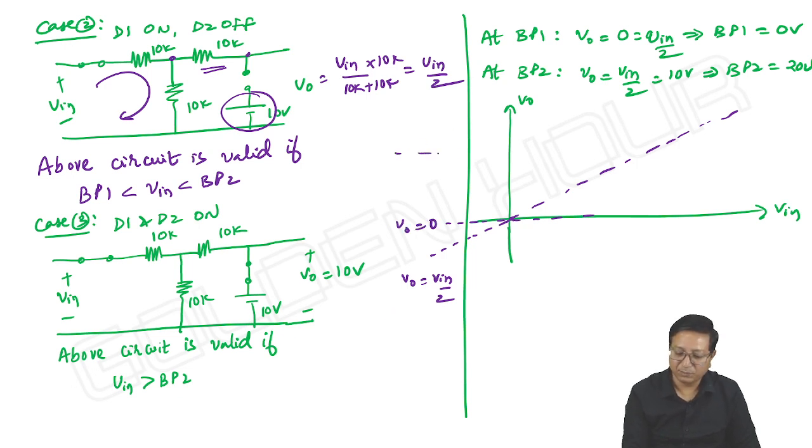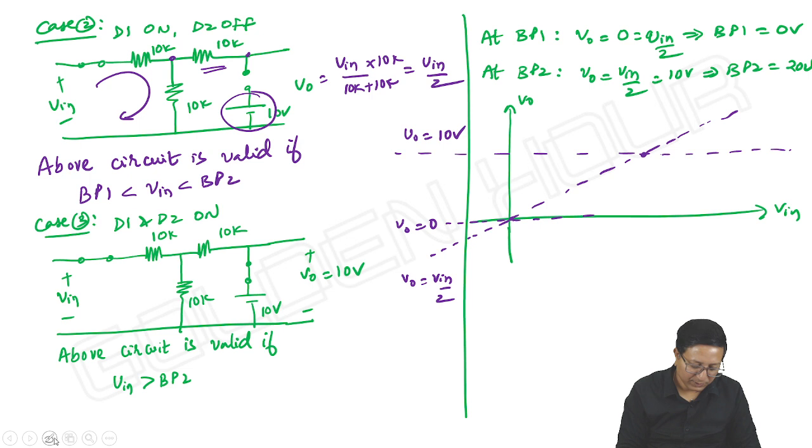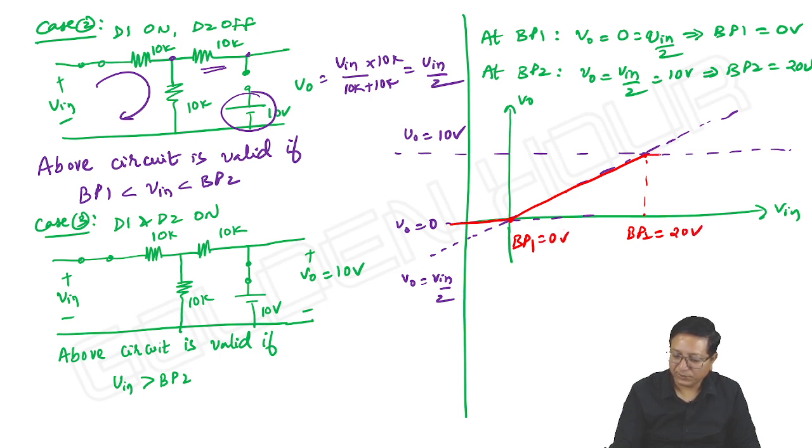And another one is output is equal to 10 volts. So we can understand the breakpoints. This is breakpoint 1, initially 0. Next, output is equal to input by 2. Breakpoint 2 is 20 volts. Next, output maximum is 10 volts.